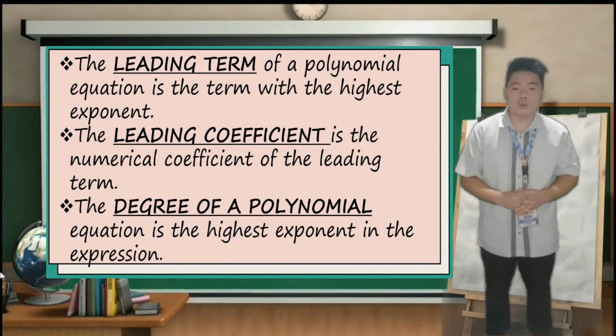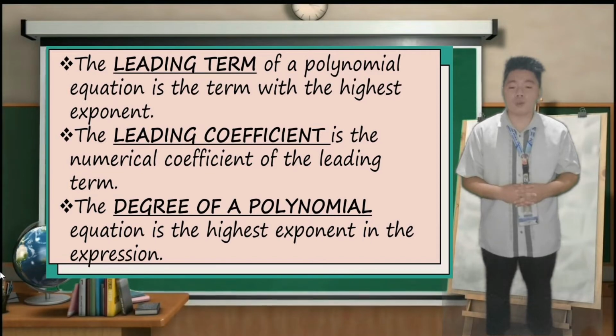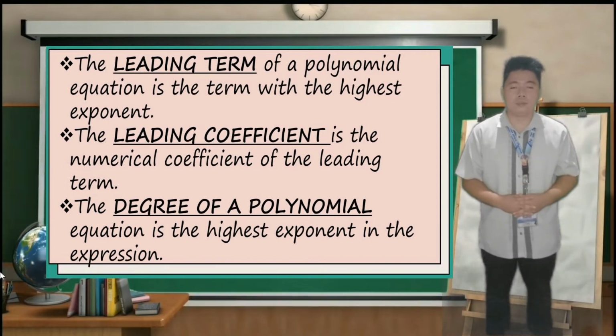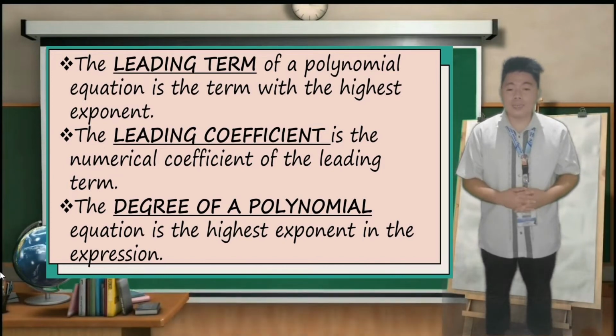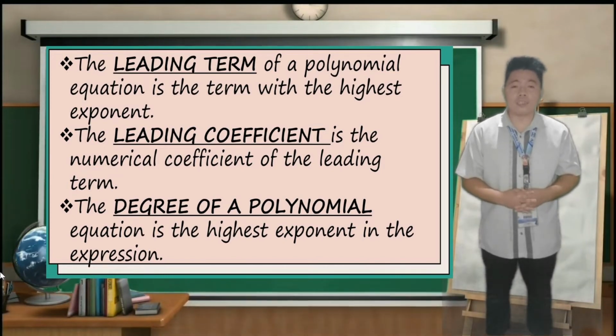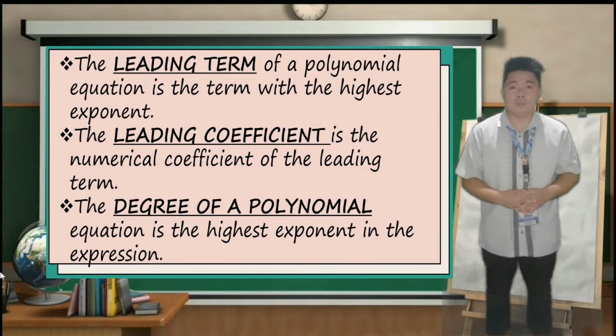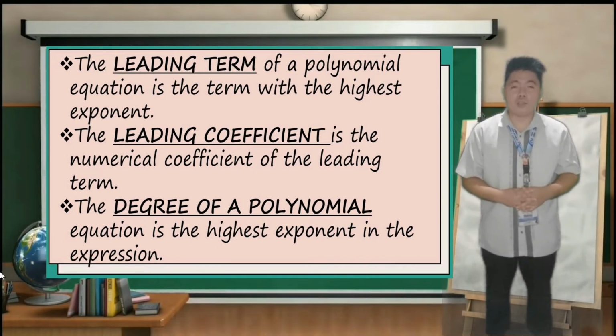The second one is the leading term. The leading term of a polynomial equation is the term with the highest exponent, while the leading coefficient is the numerical coefficient of our leading term. And finally, we have the degree of a polynomial.